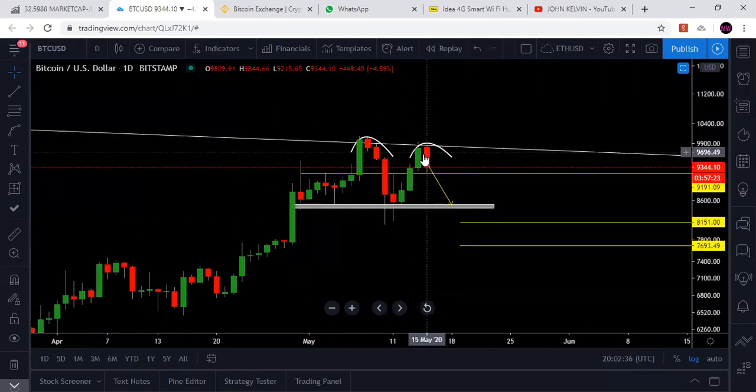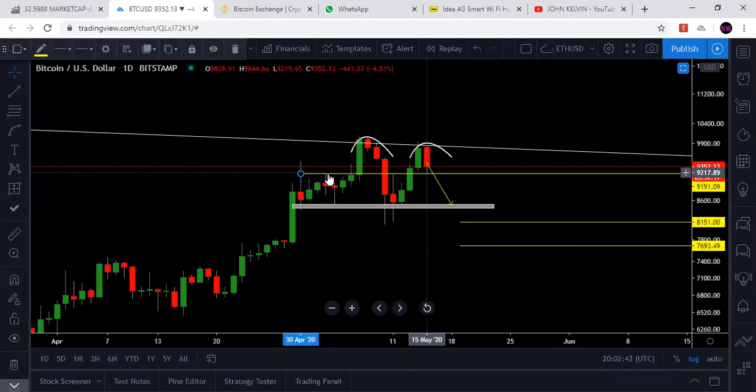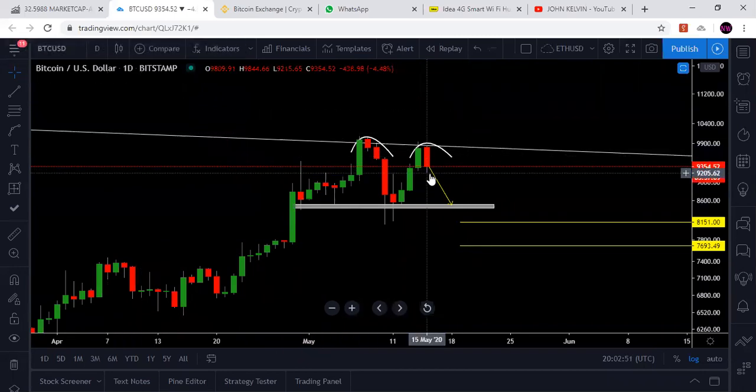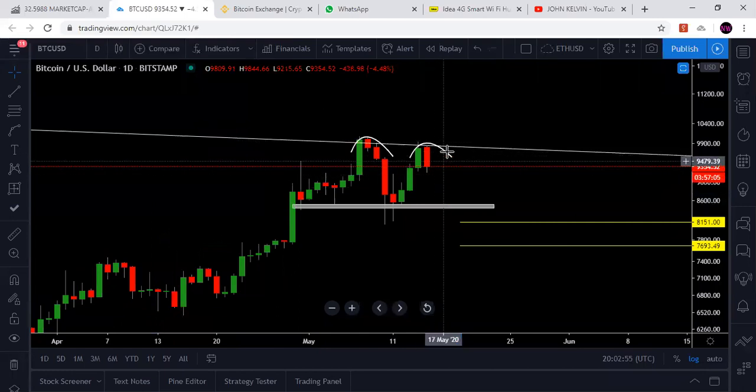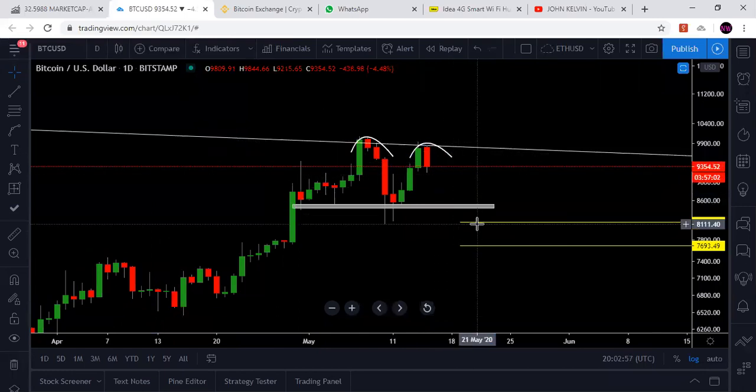So for now, we want this to close this daily time frame. If this closes, we're seeing this move around here. This is resistance before, now turning to support. So if this closes this way, I think we're still going to get more move before we get the downside.